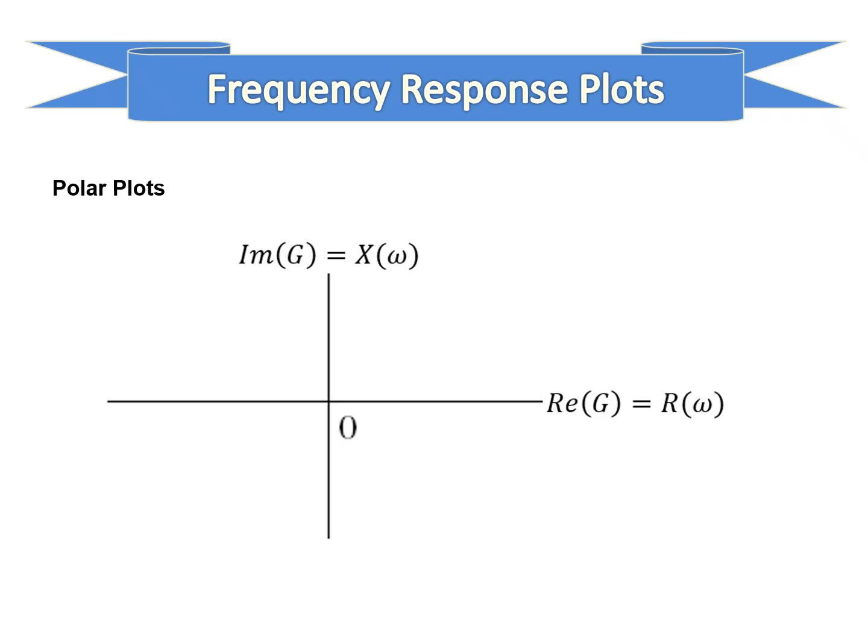This polar plot consists of a horizontal axis, which is for the real part of the frequency response function, and the vertical axis is the imaginary axis. Both are functions of omega.